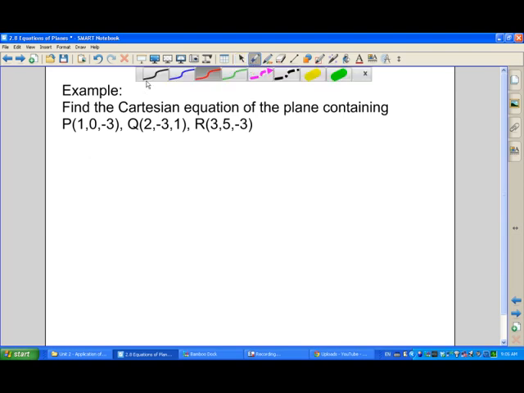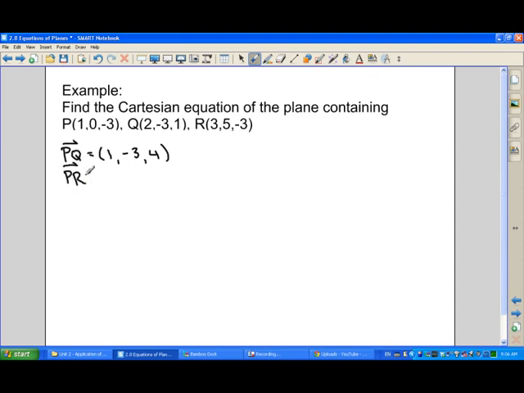So from the work we've already done, we know that the vector PQ, the vector that lies on the plane, is the vector 1, negative 3, and 4. We know the vector PR is equal to 2, 5, and 0.